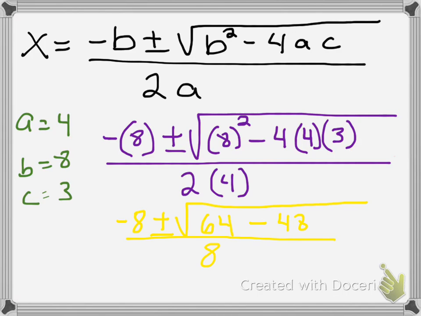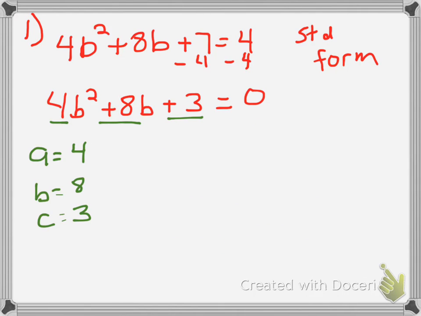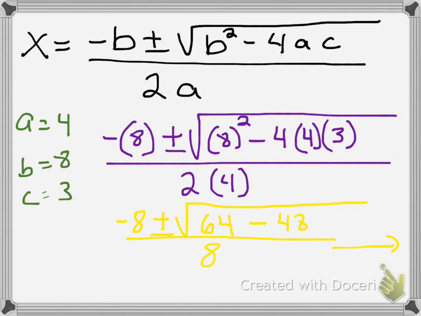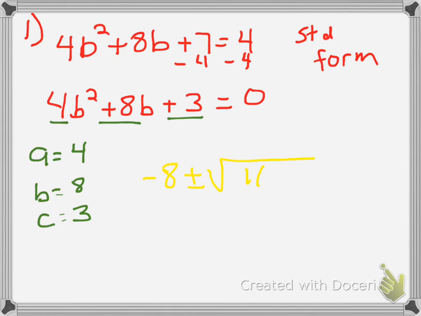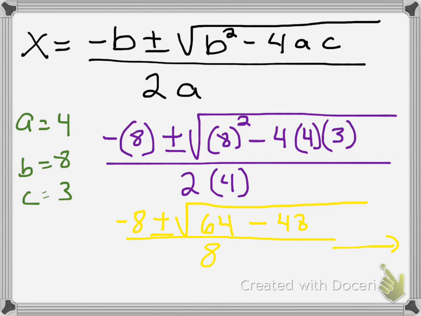All right. Now, how does this simplify? Let's go to the next page here. I got negative 8 plus or minus the square root of, well, what's 64 minus 48? It's a great American hero number, 16. And that's all over the 8 right here.